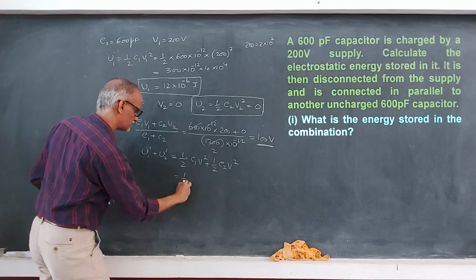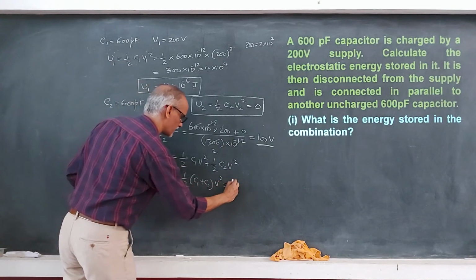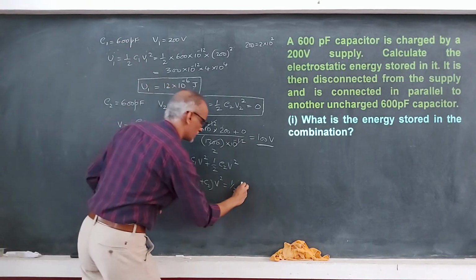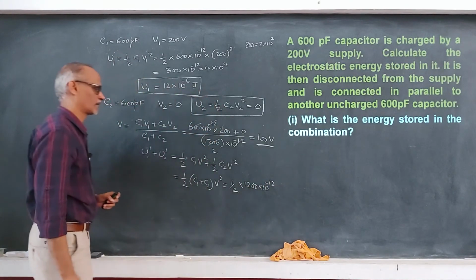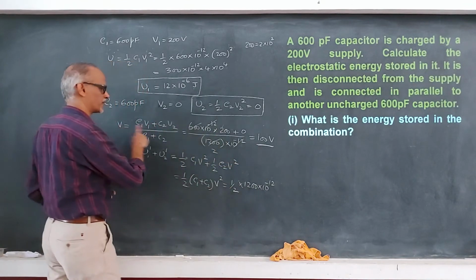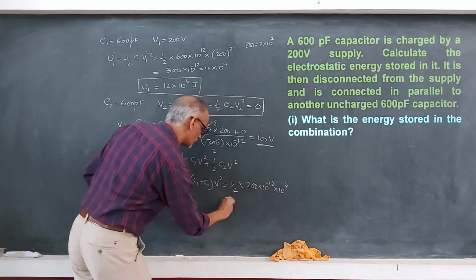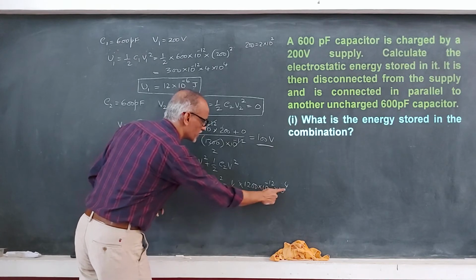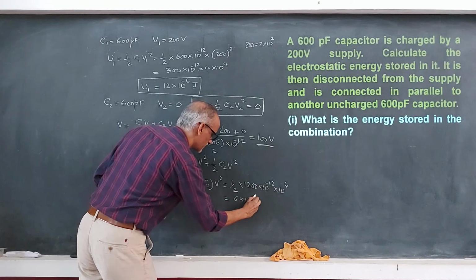So half is common, C1 plus C2 into V square. Half into C1 plus C2, 600 plus 600, that's 1200 pico, 10 to the power minus 12, and the common potential V is 100. 100 is 10 to the power 2, square of it is 10 to the power 4. Now that's equal to 12 by 2, that's 6, 6 into 10 to the power 4 plus 2, 6, and 10 to the power minus 12 is minus 6, 10 to the power minus 6 joule.